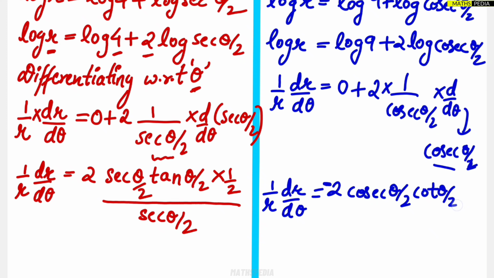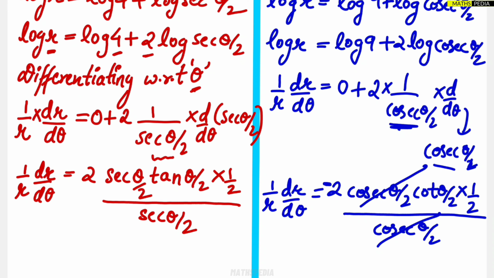As I said, theta by 2 is again differentiated, 1 by 2 whole divided by cosecant theta by 2, which is over here. Okay. Now cosecant theta by 2 and cosecant theta by 2 cancel. 2 from here and 2 from below cancel. Here also the same thing. 2 from here and 2 from above cancel. This and this cancelled. What is remaining?